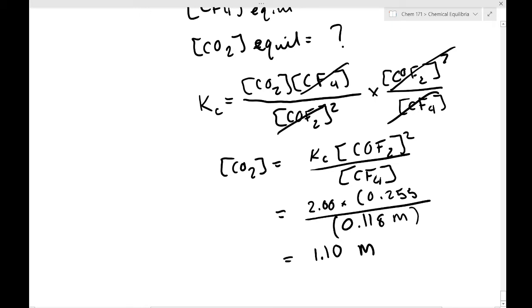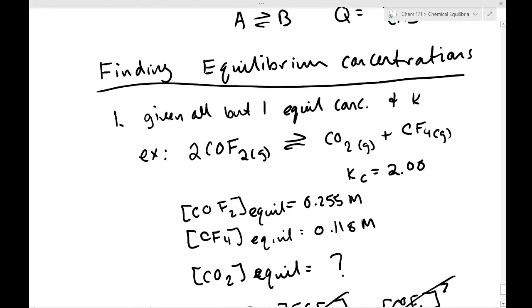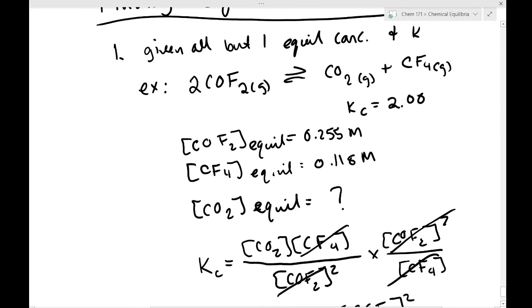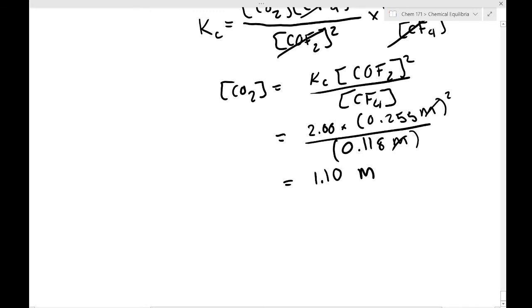So usually with equilibrium constants, we don't include the unit. But in this case, when we're calculating a concentration, it's a good idea to include the units. Okay, so we get rid of one of those, and we get rid of the bottom, and we're left with molarity units. Okay, so 1.10 molar is of CO2. Okay, so that's pretty straightforward. The first case, when you're given all but one equilibrium constant, and you're given the equilibrium constant value.